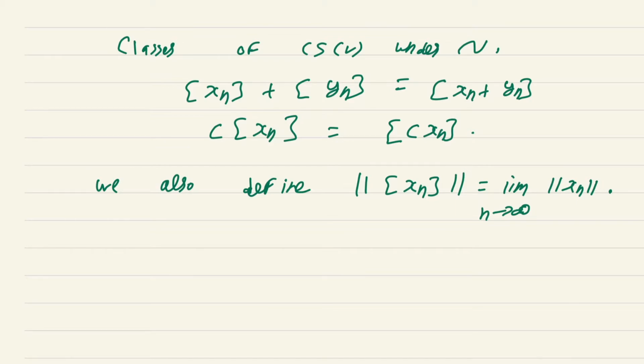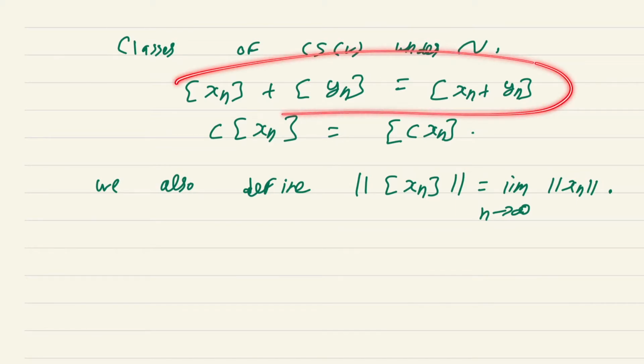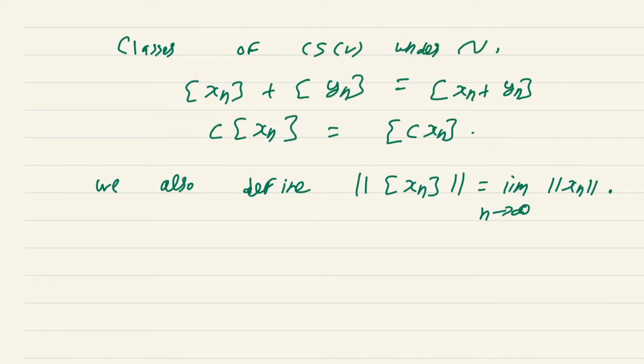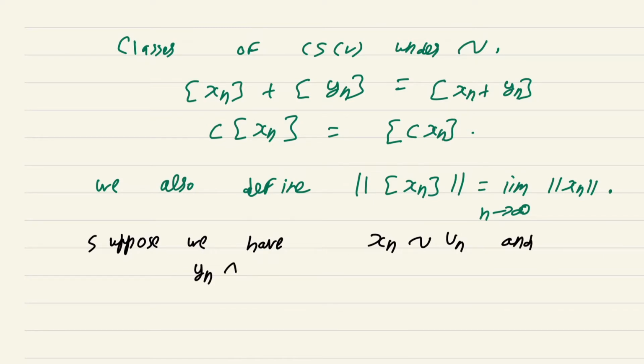First, we have to show that these operations that we have defined, xn plus yn and c xn, are independent of the representative. So suppose xn is related to un and yn is related to vn.